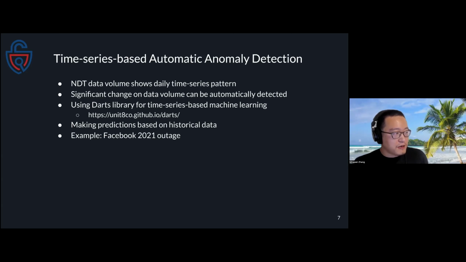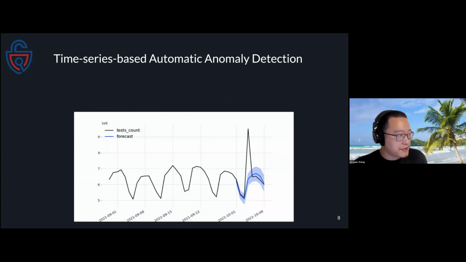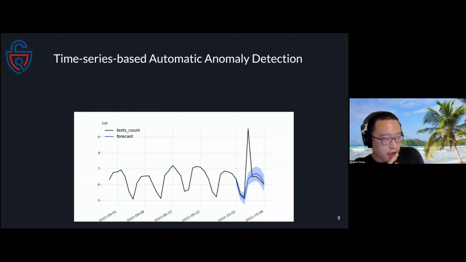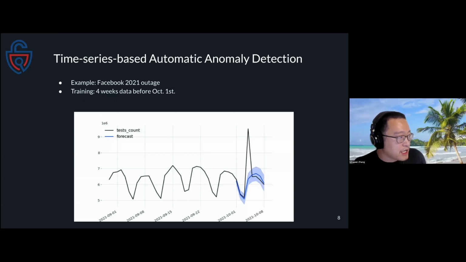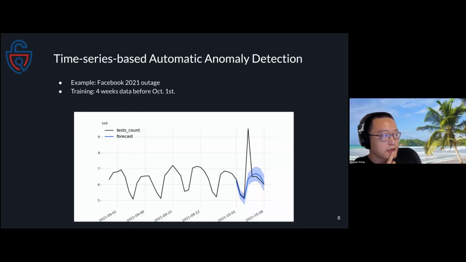So here's an example of events that I've been analyzing with the NDT data. I've been using the Facebook 2021 outage event, and what we can see here is that I used the four weeks of data before October 1st as a training period, and then applied the prediction of this machine learning model to the week after October 1st, which also contains the event time.